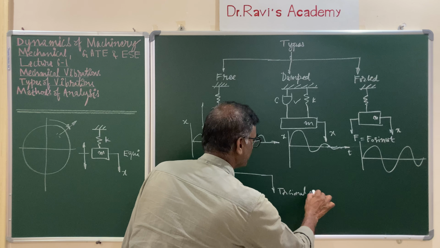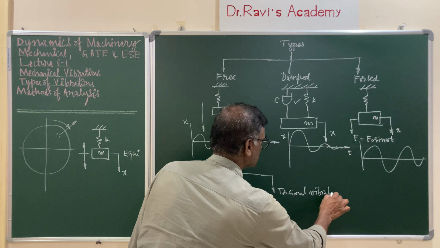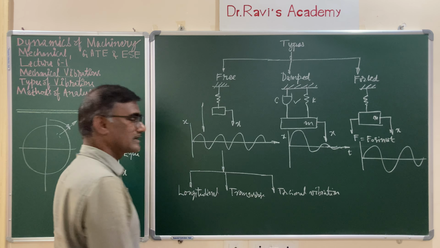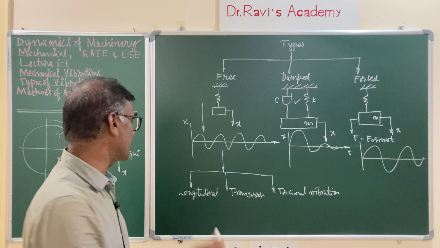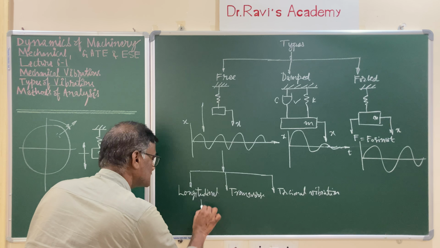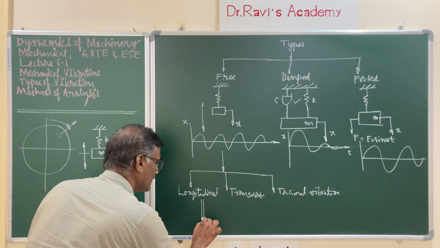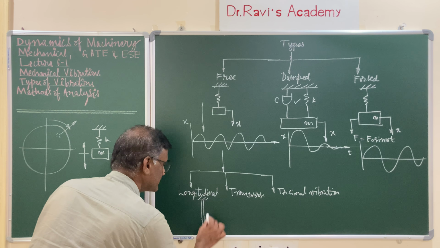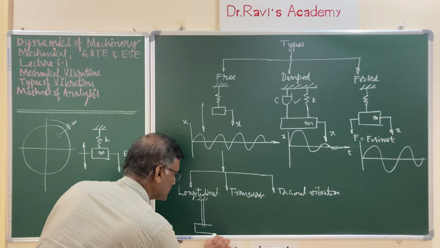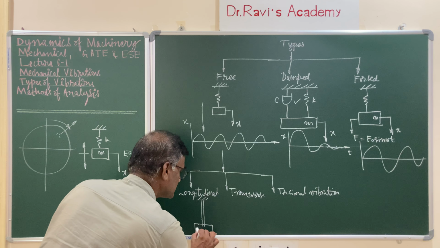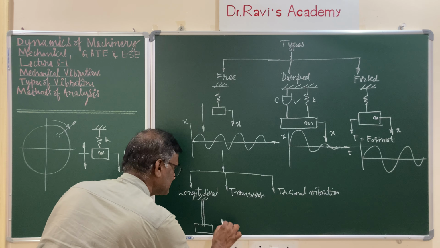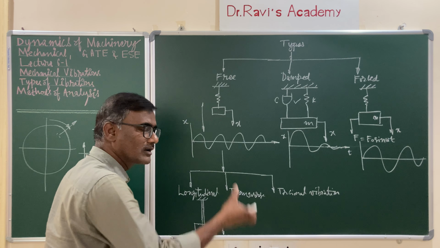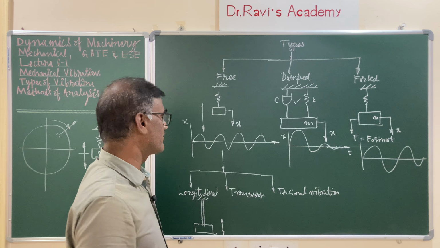You have three types of vibrations depending upon the direction of the motion of the particles with respect to the axis. Here, longitudinal vibrations: let us see that you have a slender shaft, a disc is attached to this, and the particles are moving parallel to the axis of the shaft. Here the motion is up and down, and it is called longitudinal vibrations.